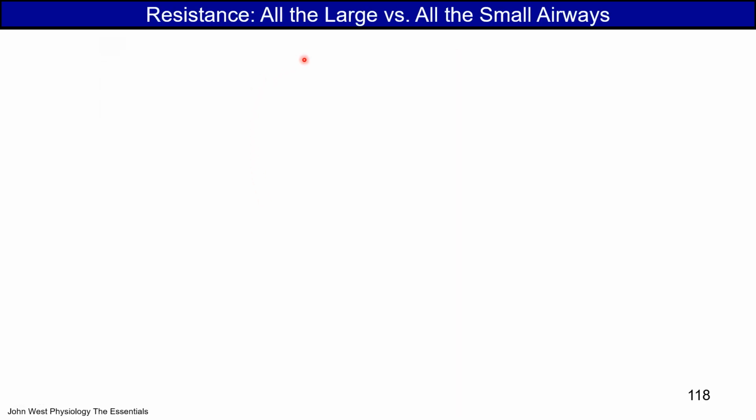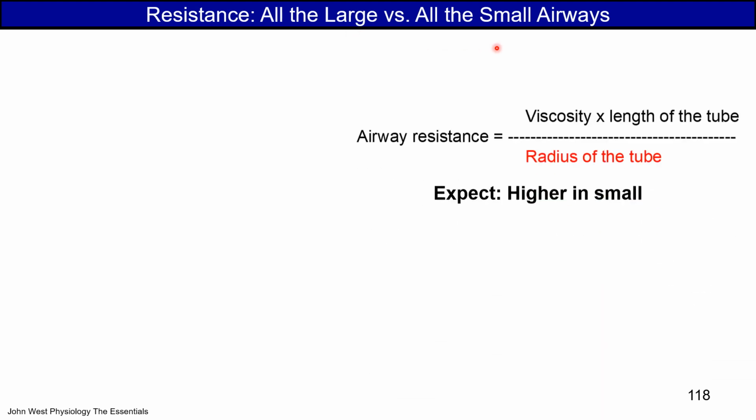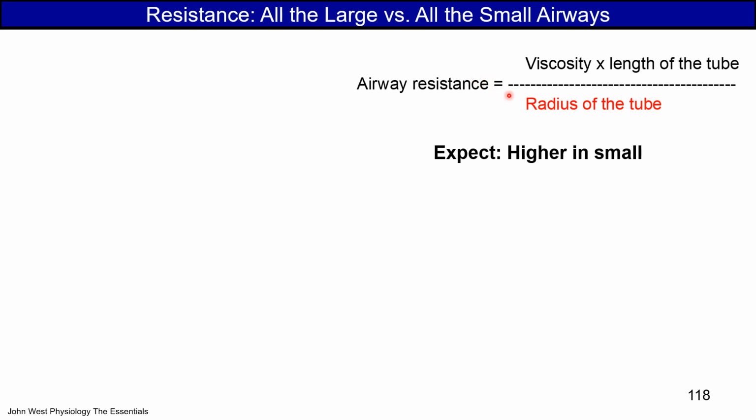Let us now compare the resistance offered by all of the large airways compared to that of the small airways. Based on Poiseuille's law, which states that the radius is inversely related to airway resistance, we expect that the airway resistance offered by the small airways will be much bigger compared to the large airways.